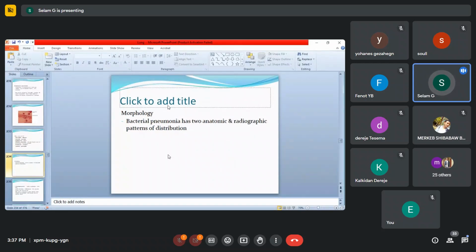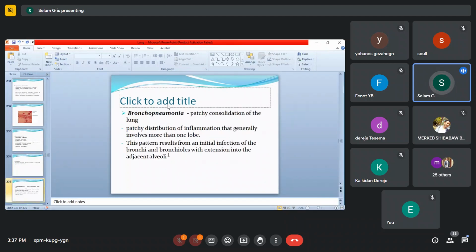Morphologically, bacterial pneumonia has two anatomic and radiographic patterns of distribution. One could be bronchopneumonia, which is a patchy consolidation of the lung, a patchy distribution of inflammation that generally involves more than one lobe. This pattern results from an initial infection of the bronchi and bronchioles with extension into the adjacent alveoli.